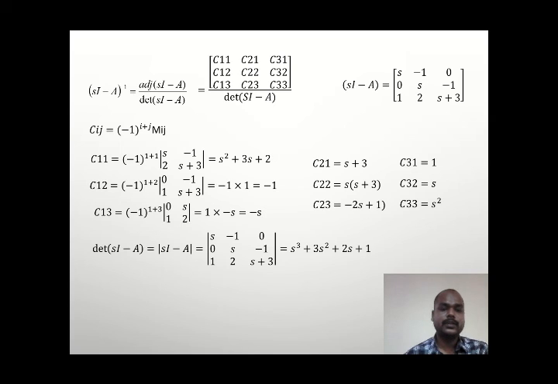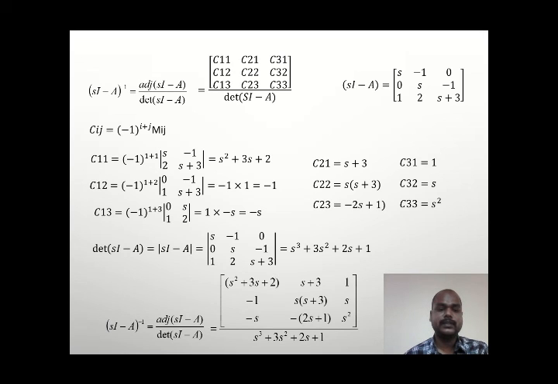After taking the adjoint matrix and finding all these coefficients, from C11 to C33, we have to find the determinant. The determinant of this sI minus A is s cube plus 3s square plus 2s plus 1, which we can obtain by using the formula of the determinant.